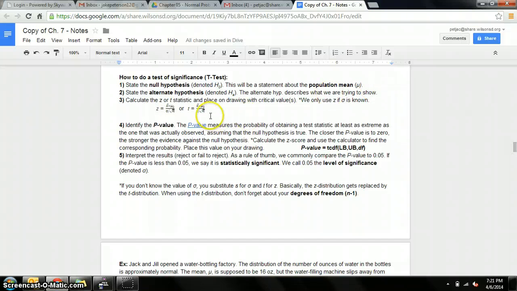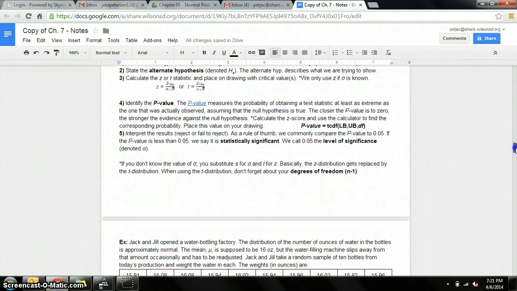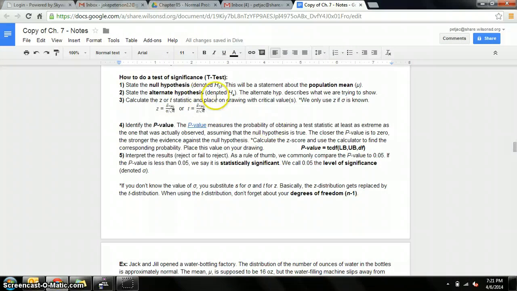What is different, though, is how we calculate both our test statistic and how we find our critical value. Okay, so you can read through this. This is just giving you some basic understanding of what you need to do here. It really isn't much different than your other methods, and we'll run through this example here.